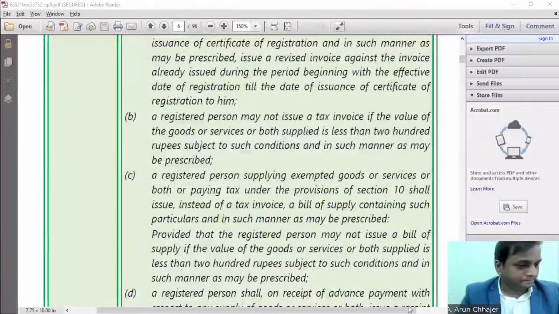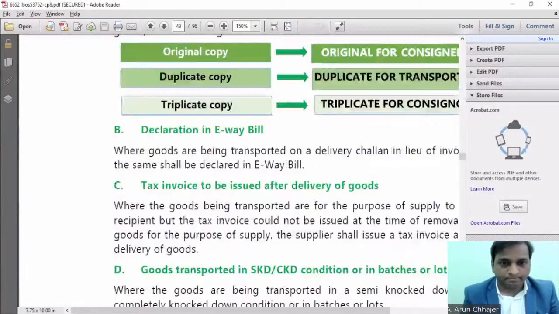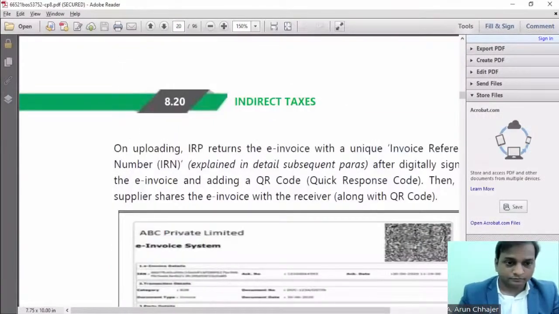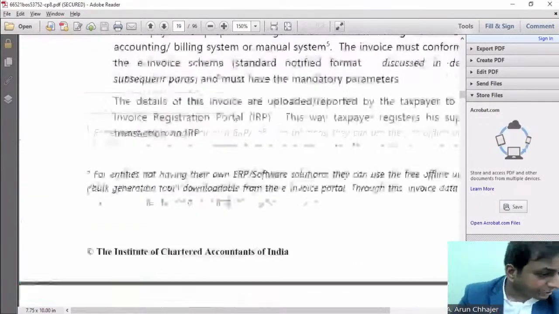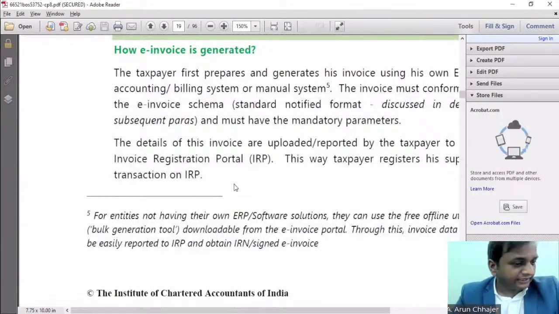So fine, we are moving on. Why are you saying not required in any of the cases?